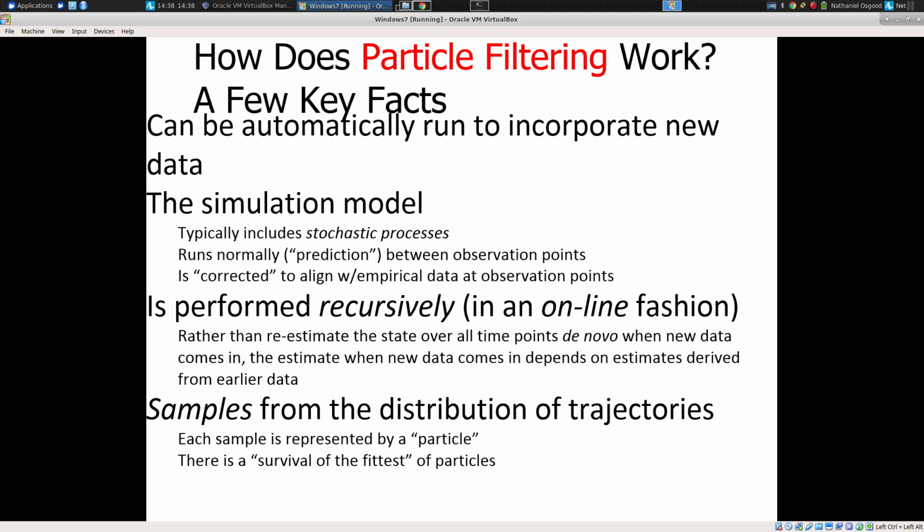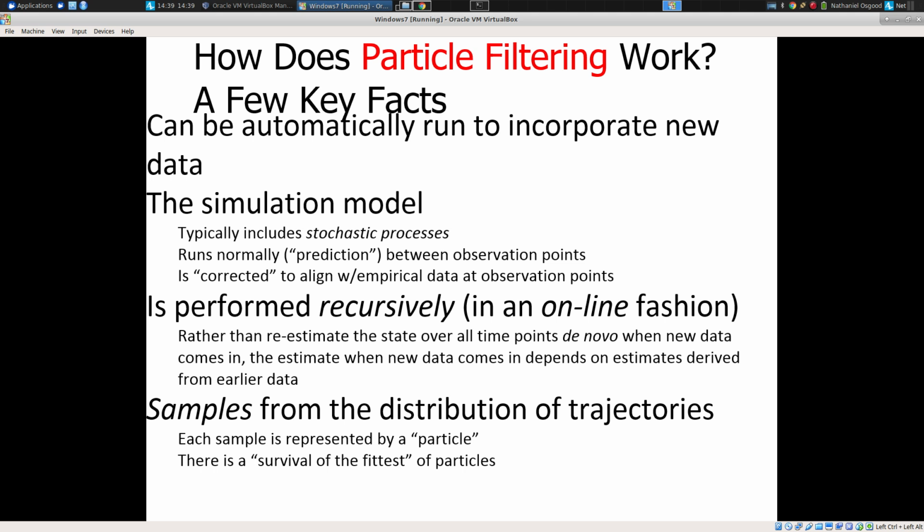So here, we're sampling from this distribution of trajectories of the model. Over time, what's going to come out of the particle filtering is not just a single model trajectory, say, in terms of the number of infectives over time, a single privileged trajectory of what it thinks best matches the data, but rather a set of possibilities, almost a distribution at any one time.